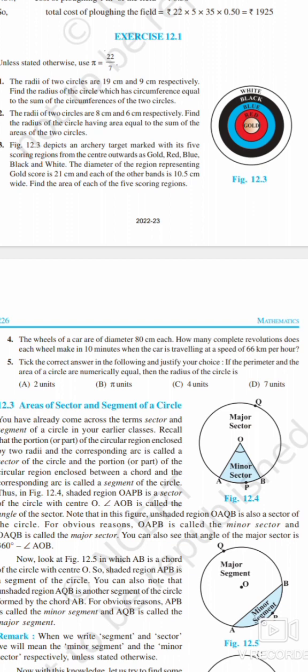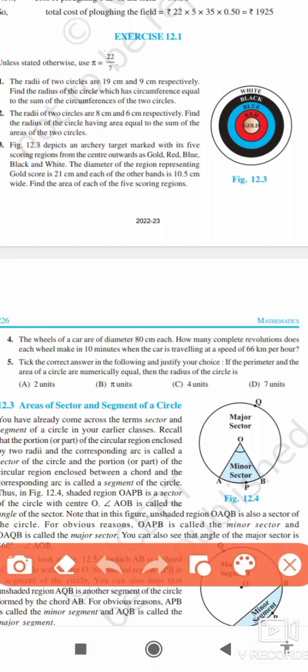This question is very simple. One radius is 19 and the other is 9 centimeter.